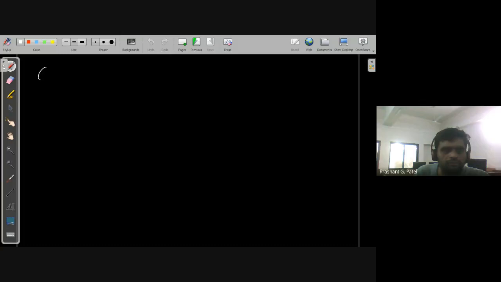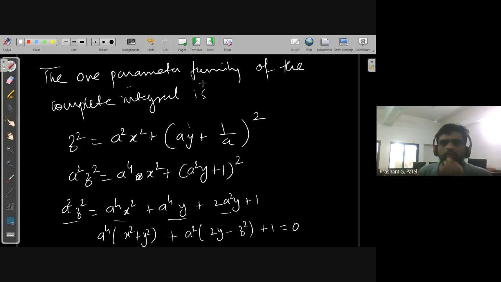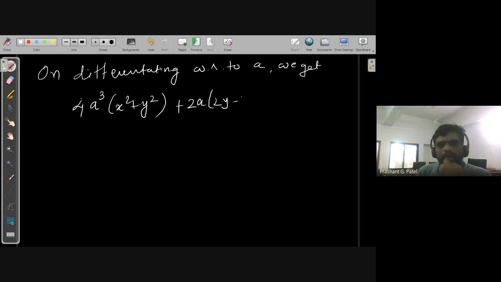So on differentiating with respect to a, we get 4a cube into x square plus y square plus 2a into 2y minus z square equal to 0. 2a is common, so cancel it out because on this side it is 0.